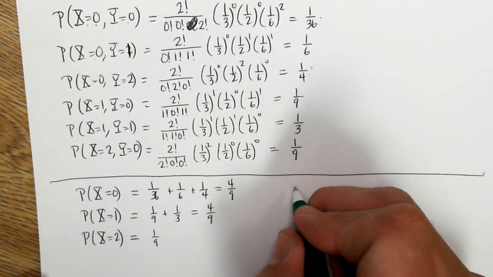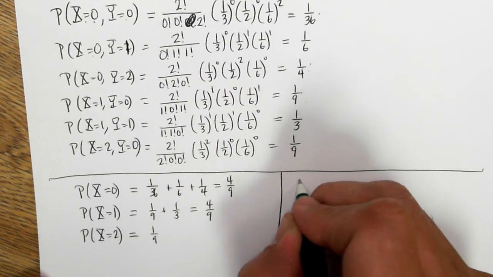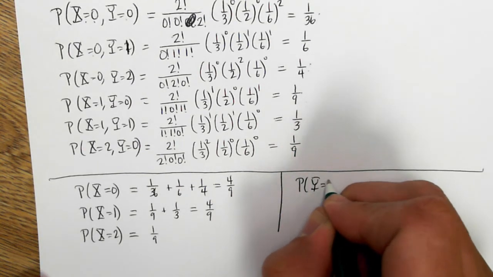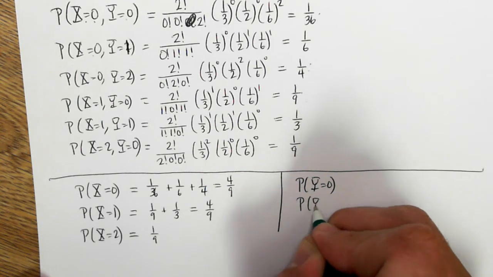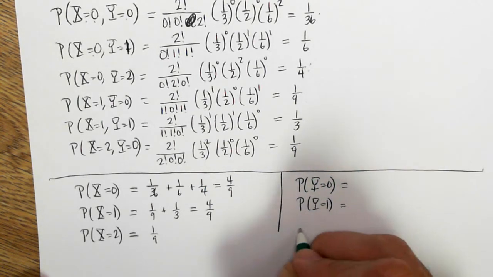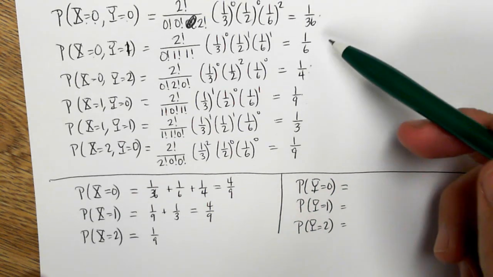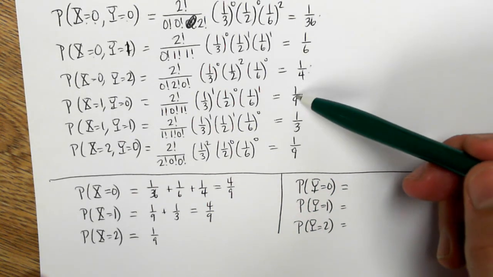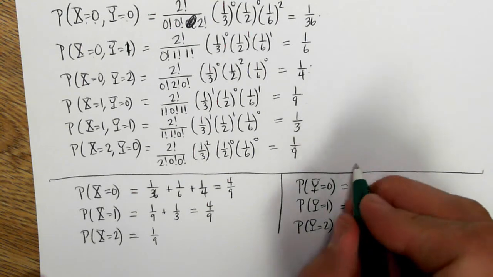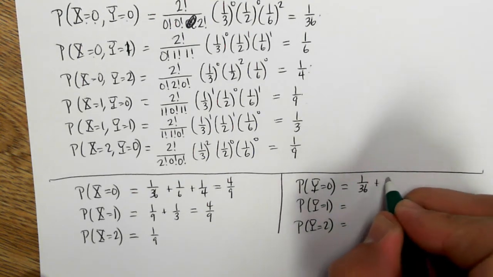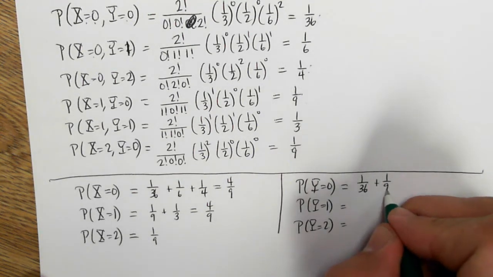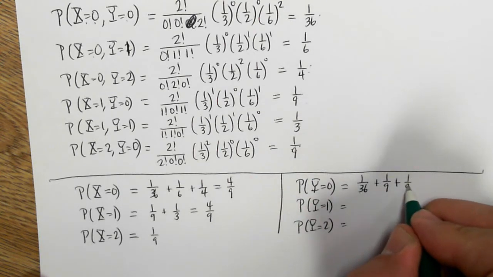For the marginal distribution for Y, there's also 3 possibilities. Y could be equal to 0, Y could be equal to 1, or Y could be equal to 2. Y equals 0 would correspond to the first, 4th, and 6th possibilities: 1 over 36 plus 1/9 plus 1/9.